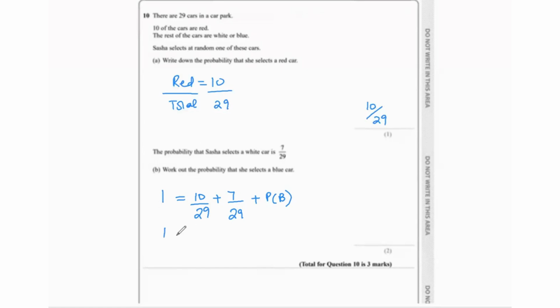So if we simplify the fraction on the right-hand side, we have the same denominator, so that means we can add the numerators. So 10 plus 7 over 29 plus the probability of a blue car.